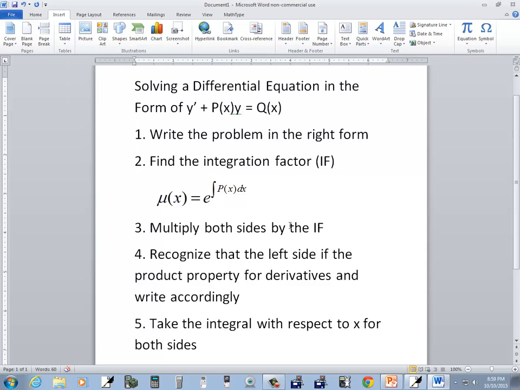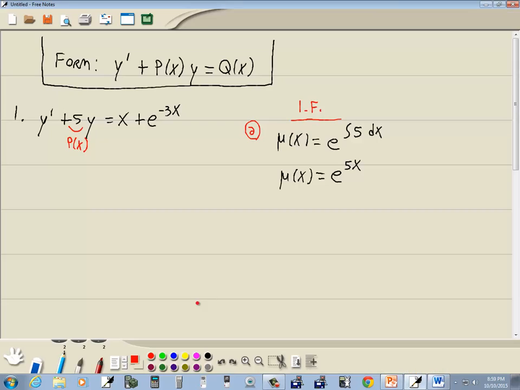Step 3. Multiply both sides by the integration factor. So we're going to multiply both sides by e to the 5x. So I'll take e to the 5x times y prime plus 5y. And I'll take e to the 5x times x plus e to the negative 3x.